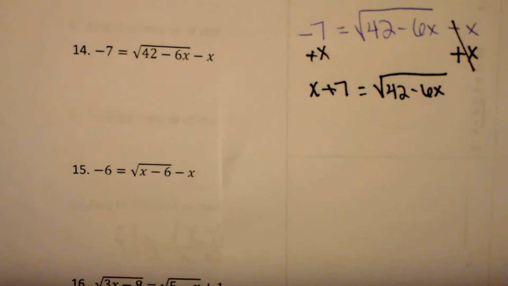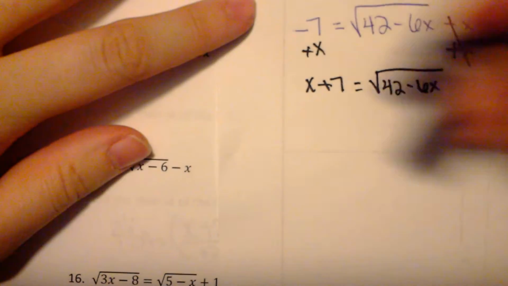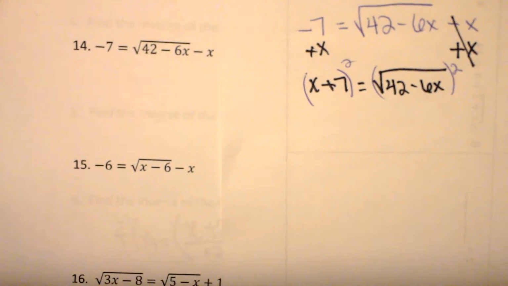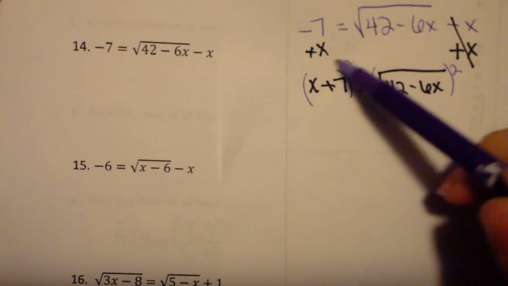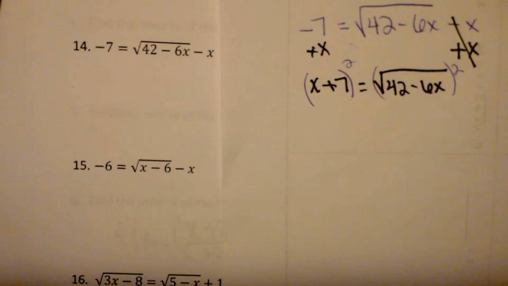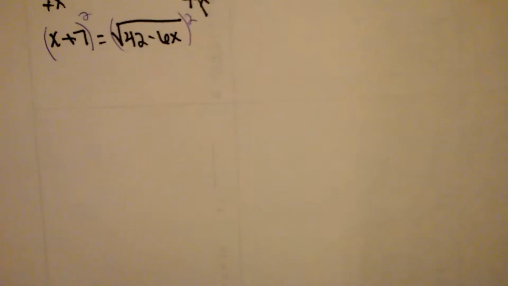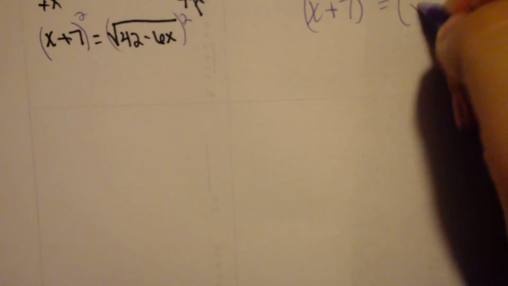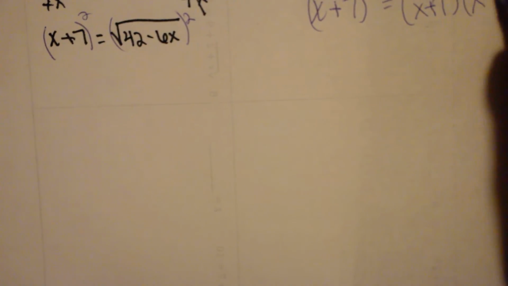So now when I square, this gives me a quadratic. So if you recall, x plus 7 squared is x plus 7 times x plus 7.